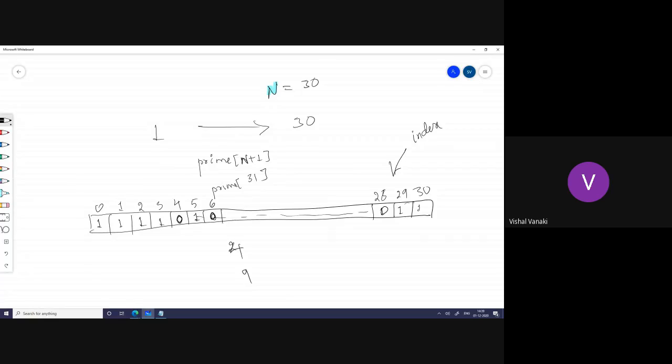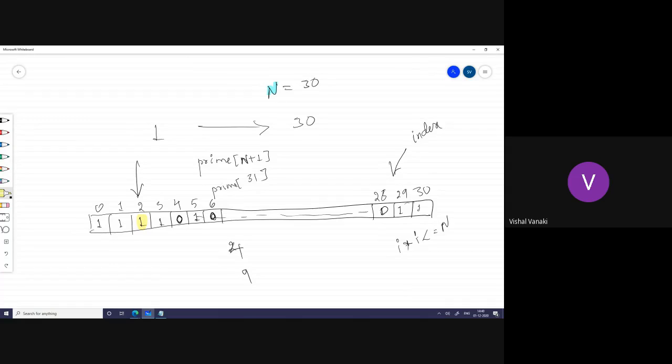Once that entire process is done and you have completed the exit condition, i star i less than or equal to n, and you come out of that loop, you have to print the prime numbers starting from 2, because the first prime number is 2. You need to check if the element is 1, then it is a prime number.